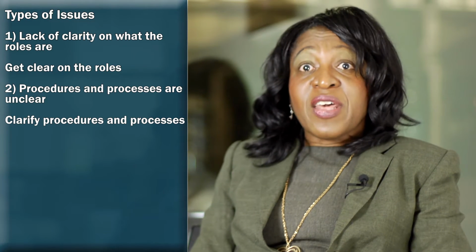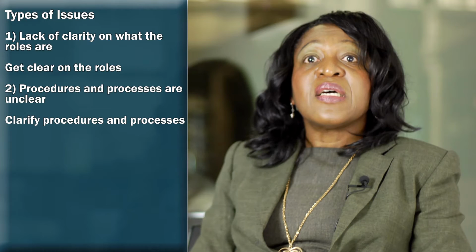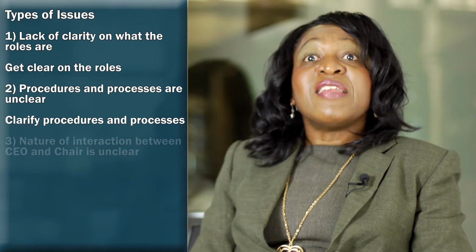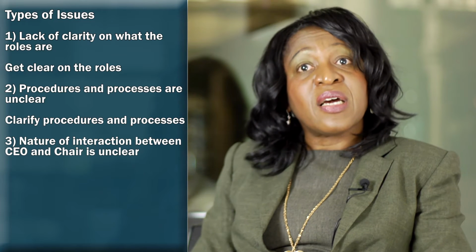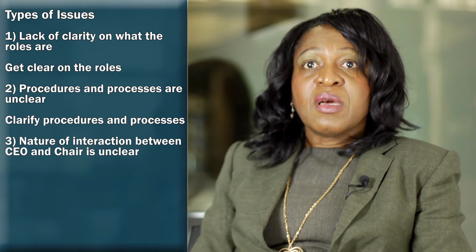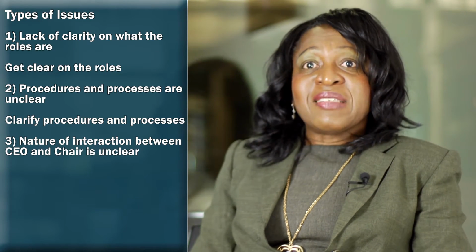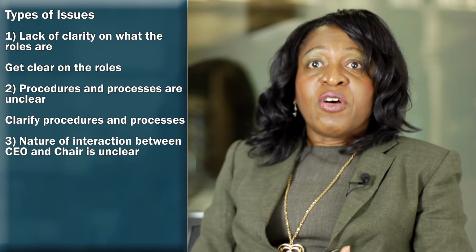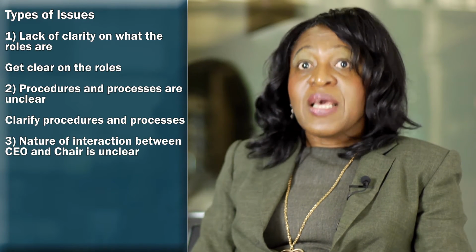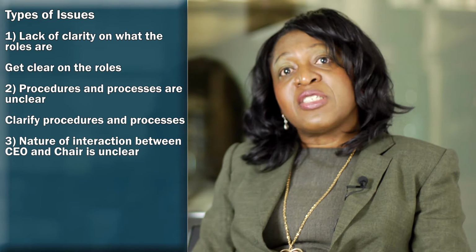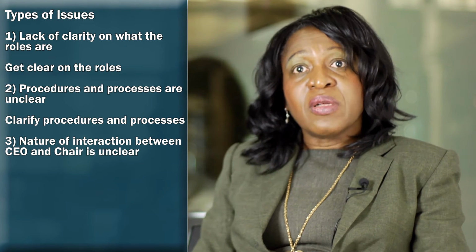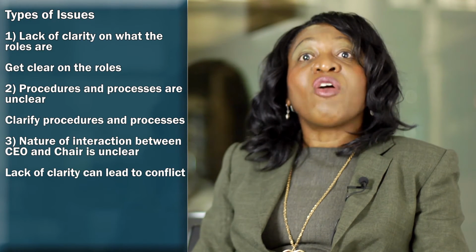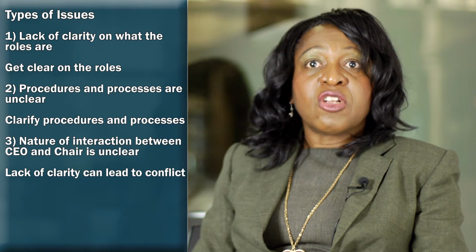The third thing that is important is that the nature of the interaction between the chief executive and the chair becomes unclear. So what is actually a lack of clarity of roles and lack of clarity of procedures manifests as an interpersonal conflict and all hell gets let loose.